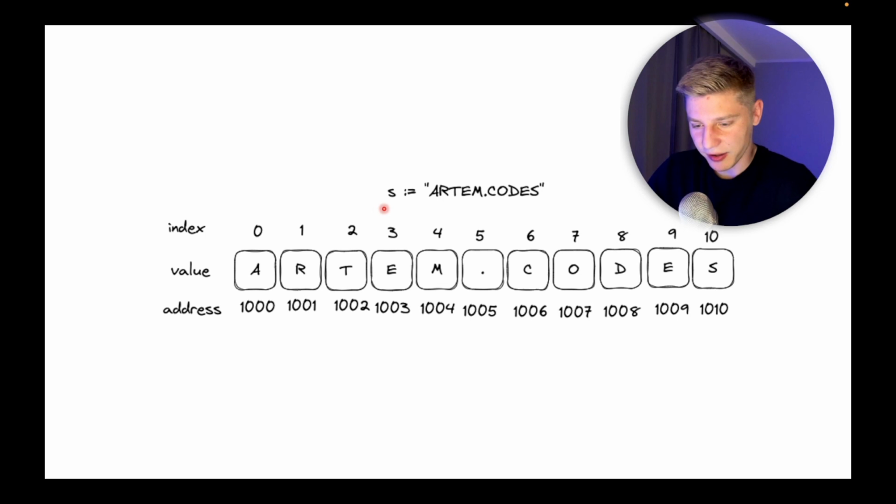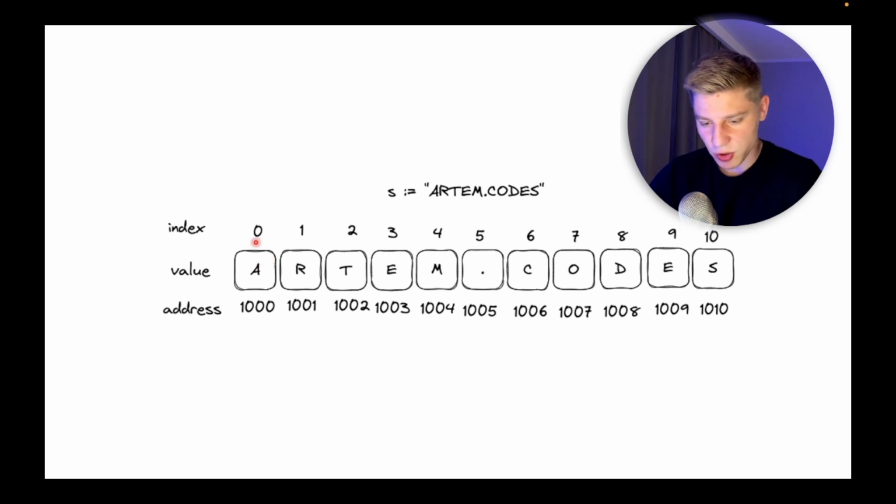Here we can see that I have created a variable which is equal to artem.codes, the domain of my website, and in Golang, each element of the string is basically an element of an array with type 8-bit unsigned integer. And here is the representation of it.